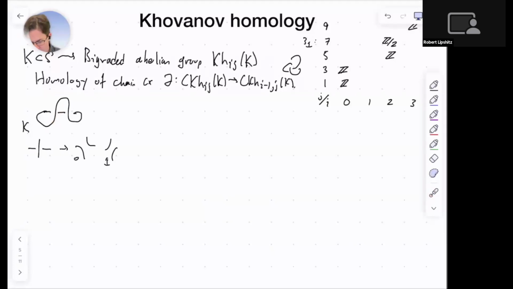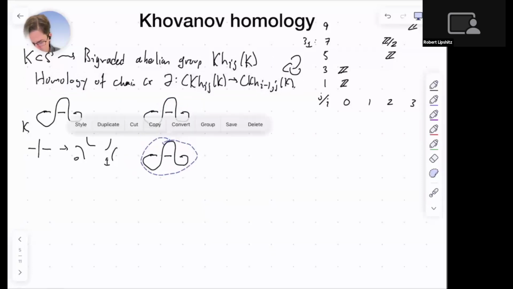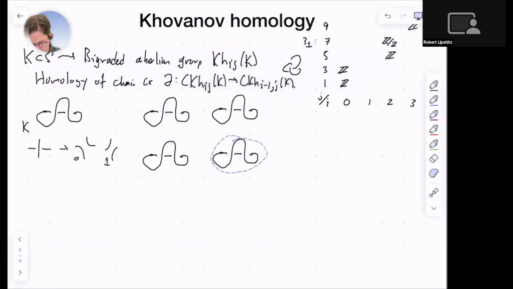So I can do that at all of the crossings of K, and that gives me 2^n different complete resolutions. In this case, that's 4. If I do the 0 resolution at both of them, I walk along the top strand and turn left, walk along the top strand and turn left.